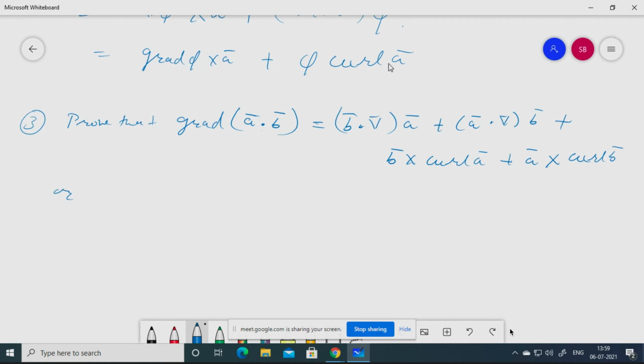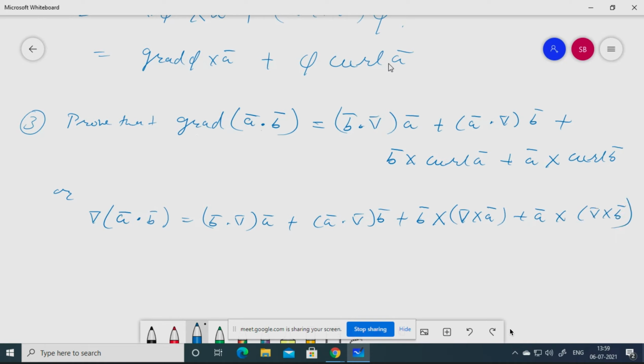Or in notation, del of A bar dot B bar is equal to B bar dot del A bar plus A bar dot del B bar plus B bar cross del cross A bar plus A bar cross del cross B bar. This is what you need to prove.